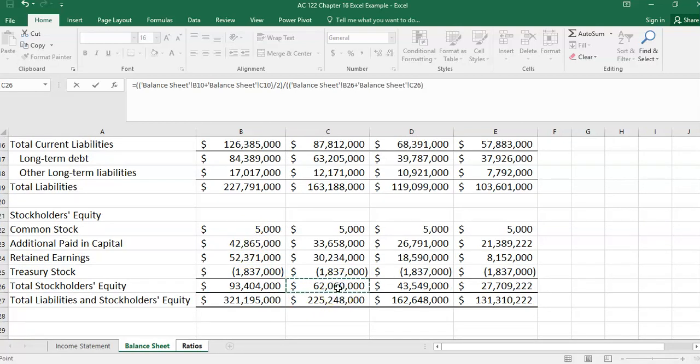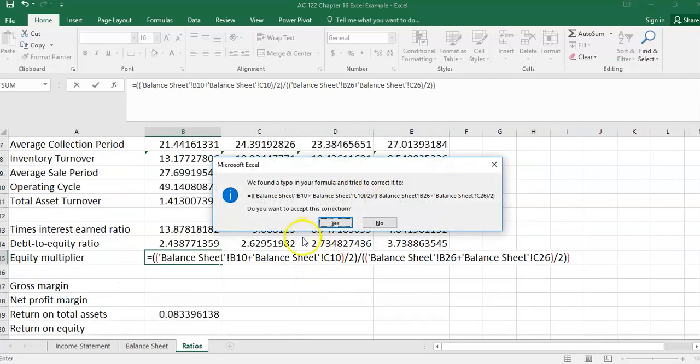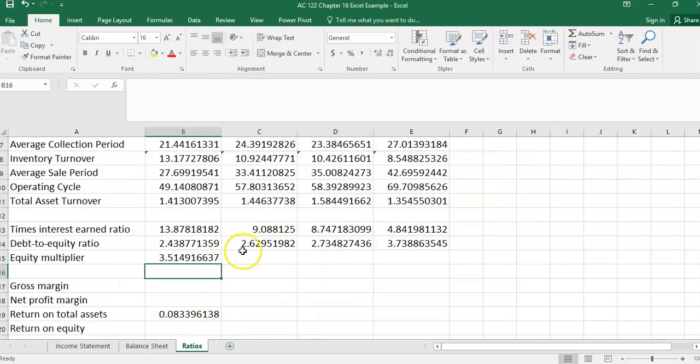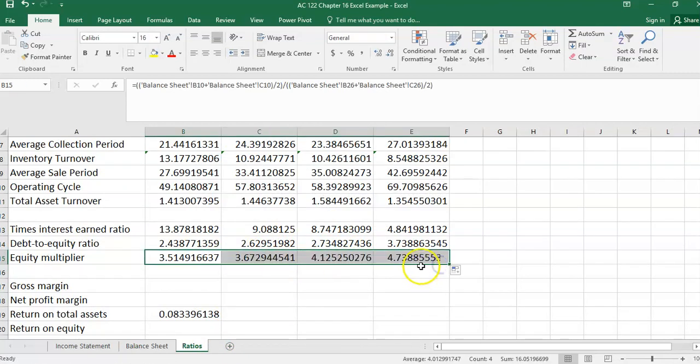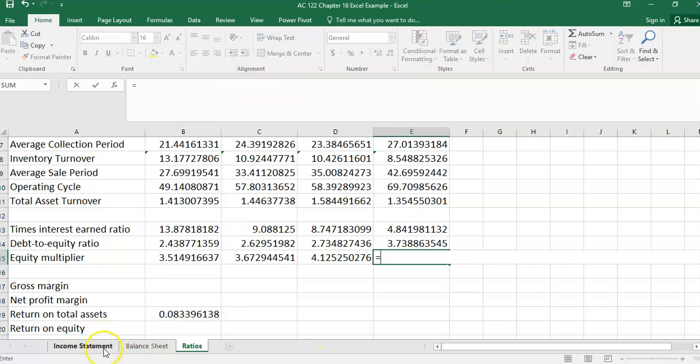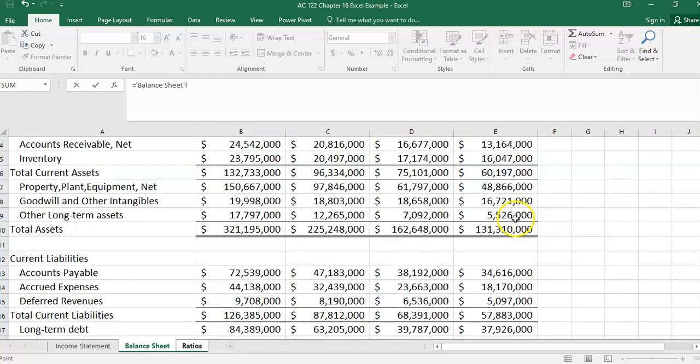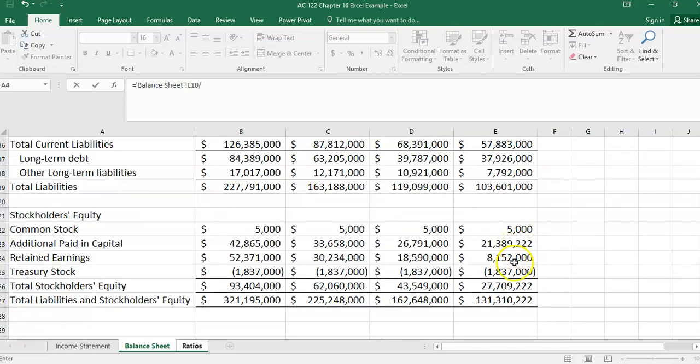Equity from 2 years divided by 2. And that gives us our equity multiplier. In the last year, we would just take the total assets divided by total stockholders' equity.